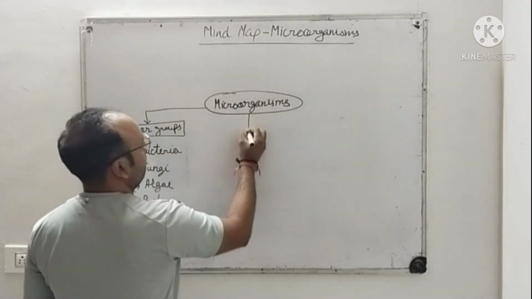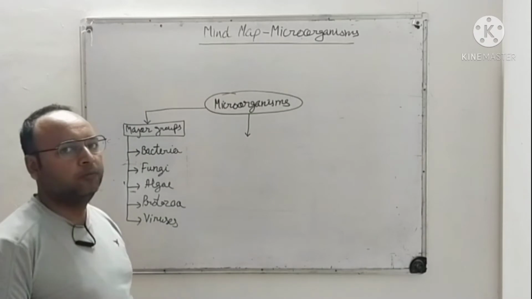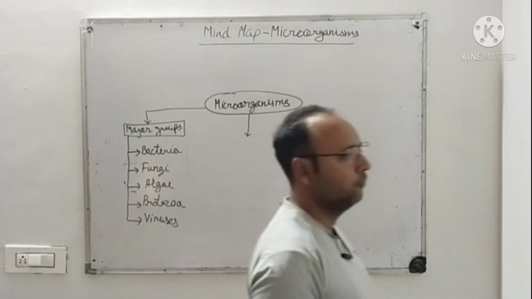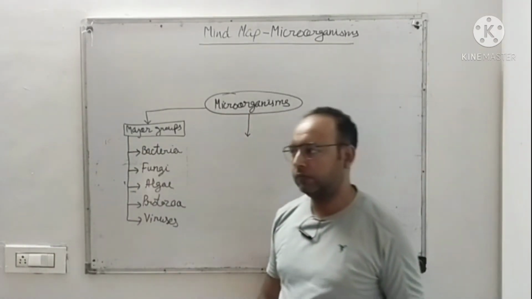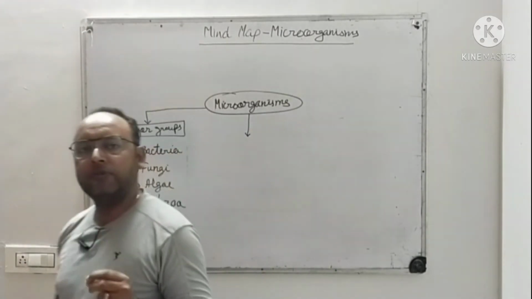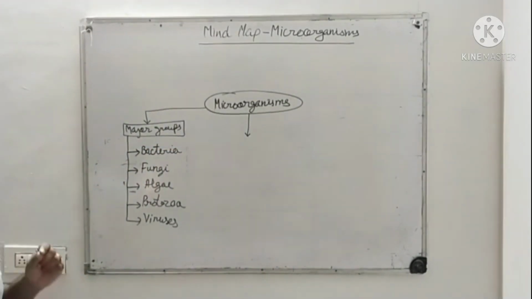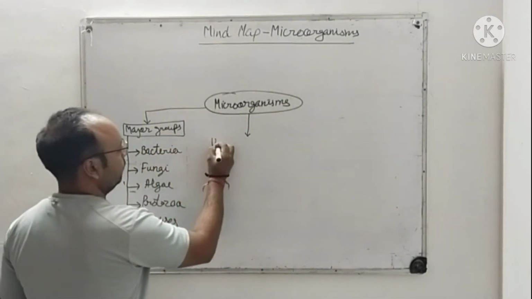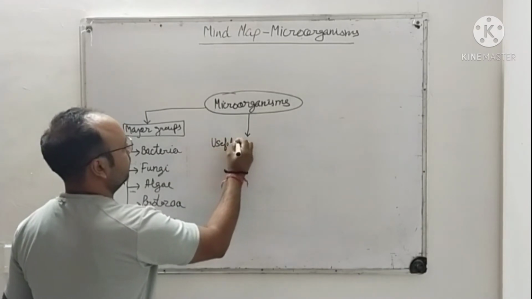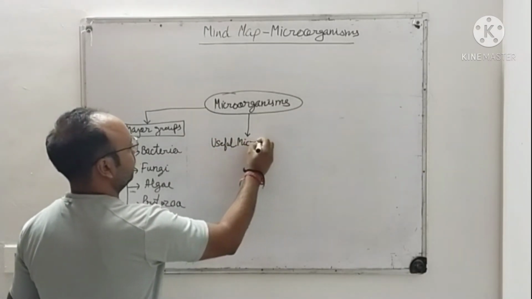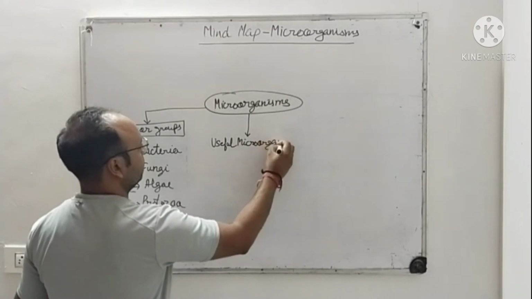Now, as we know, the name of the chapter is microorganisms, friend and foe. So there are a number of uses of microorganisms. So what are these? We can write here useful microorganisms.